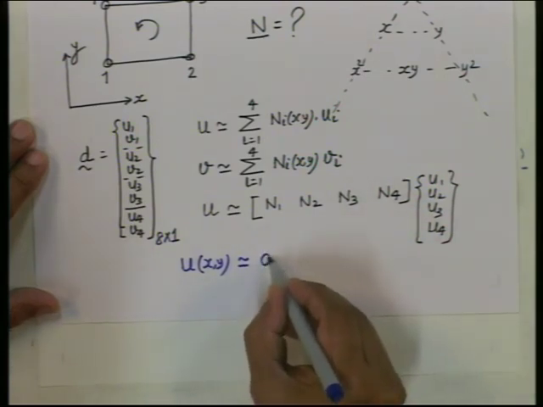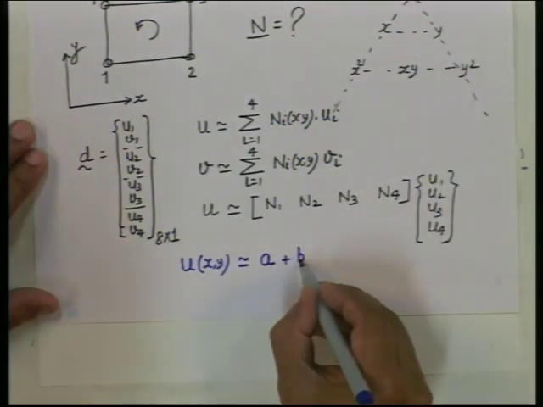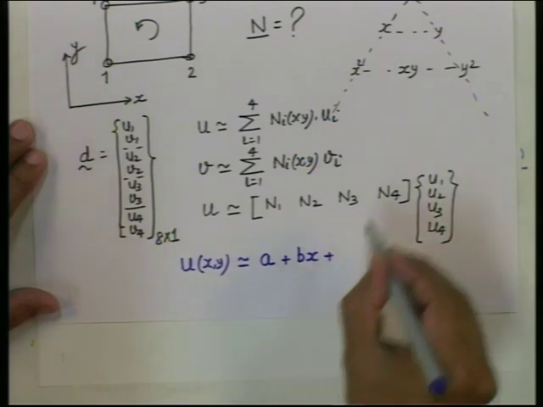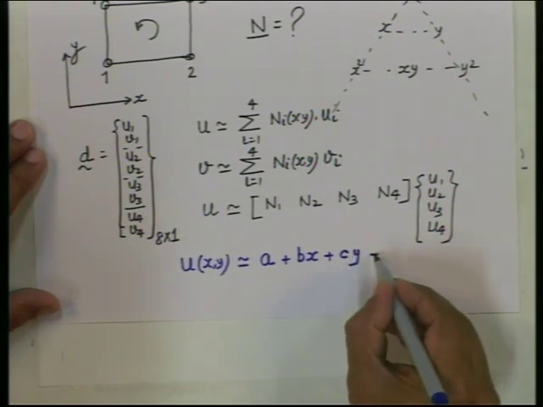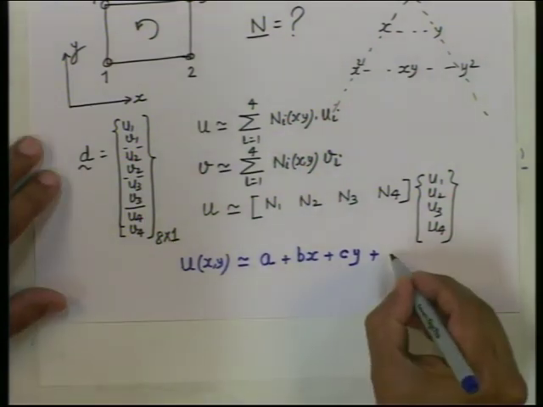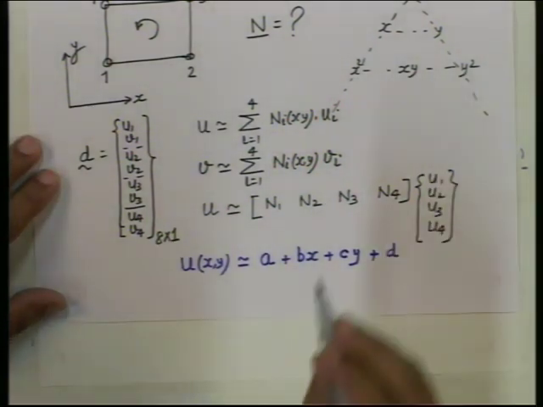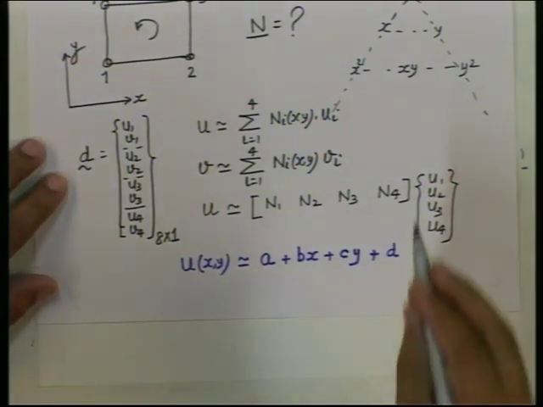So, a is one constant plus a linear function b into x plus another linear function c into y plus d into what? Why not x square, y square? It will be xy.